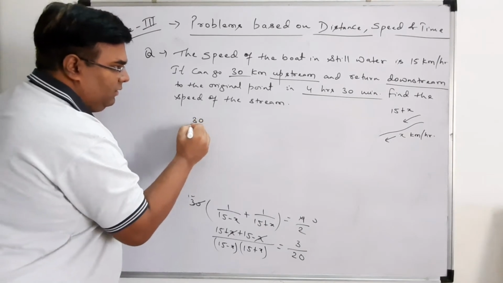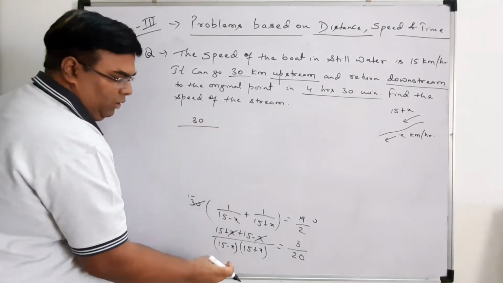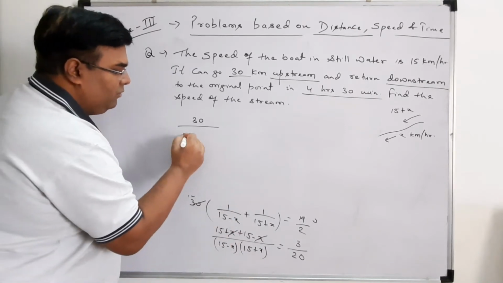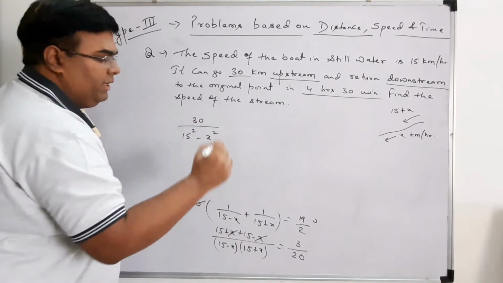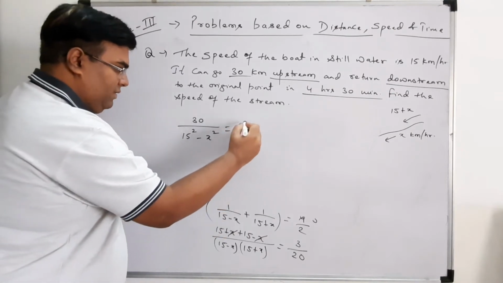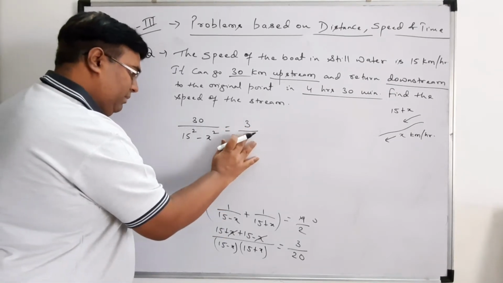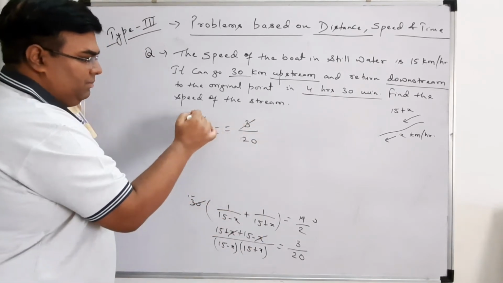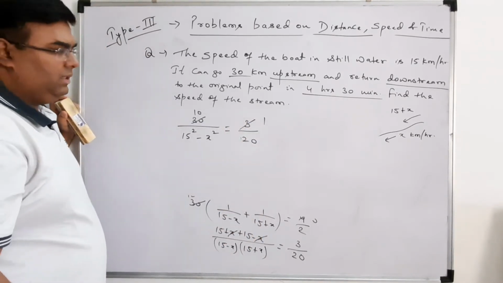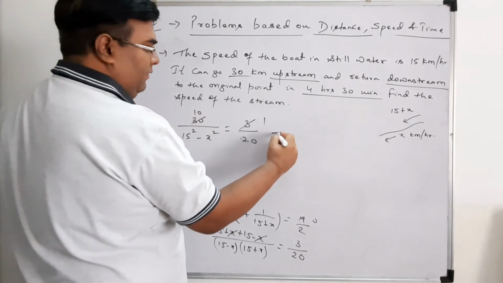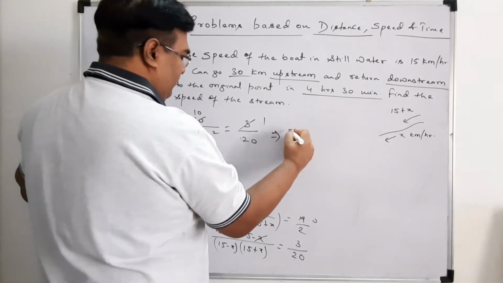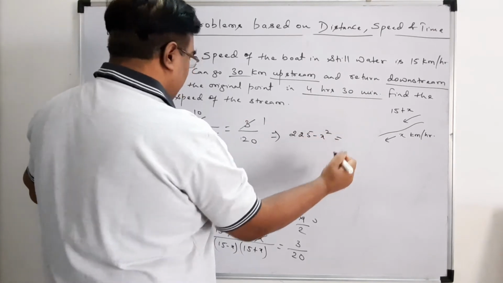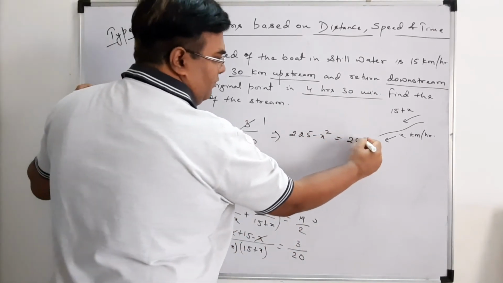Now this is the form of a minus b and a plus b, so what you can do is simply write a square minus b square, which is 3 by 20. Further simplifying and then cross multiplying, we get our equation as 15 square is 225 minus x square is 200.